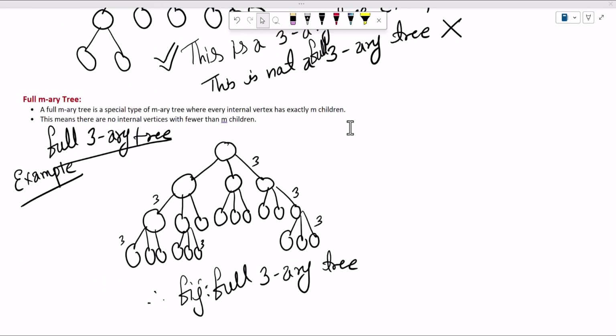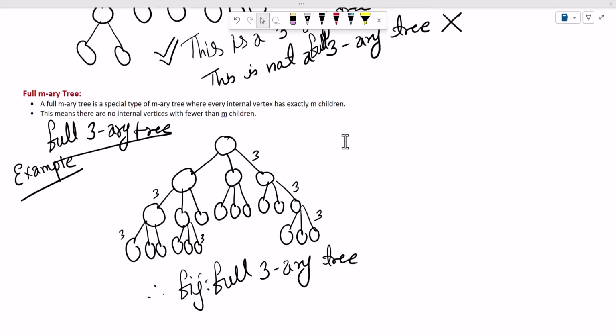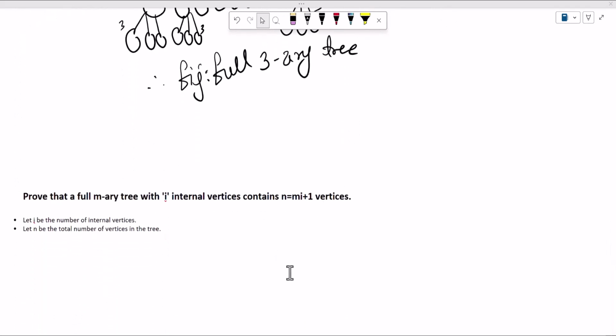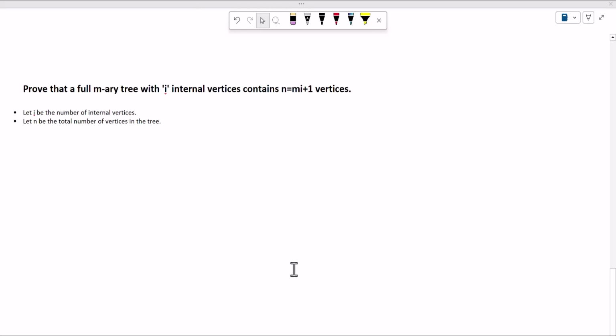So let us move on to the latter part of the given question: prove that a full m-ary tree with I internal vertices contains n equals m into I plus 1 vertices. Let us assume I is the number of internal vertices and n is the total number of vertices in the tree. Let us take an example to prove the given theorem. So I need to construct a full 3-ary tree, right?